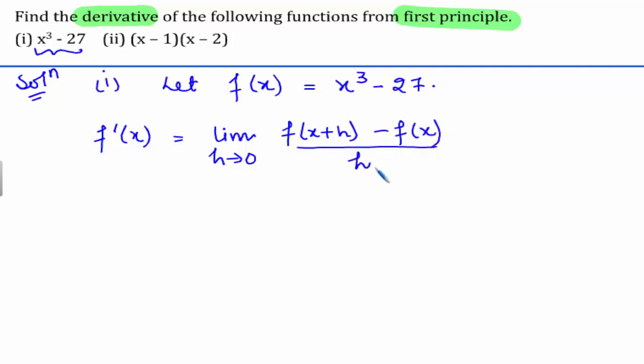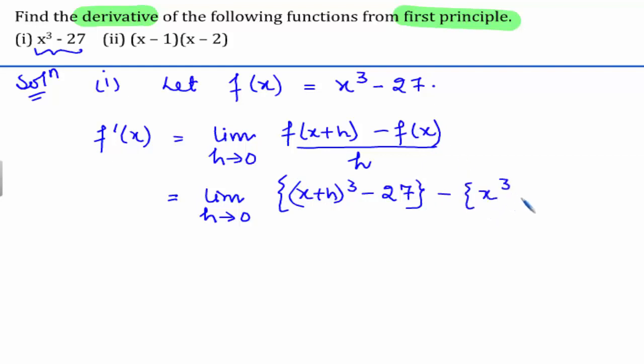So this is equal to limit as h tends to 0. Now f of x plus h is x plus h whole cube minus 27. Then we have minus of f(x), which is x cube minus 27, and in the denominator we have h.